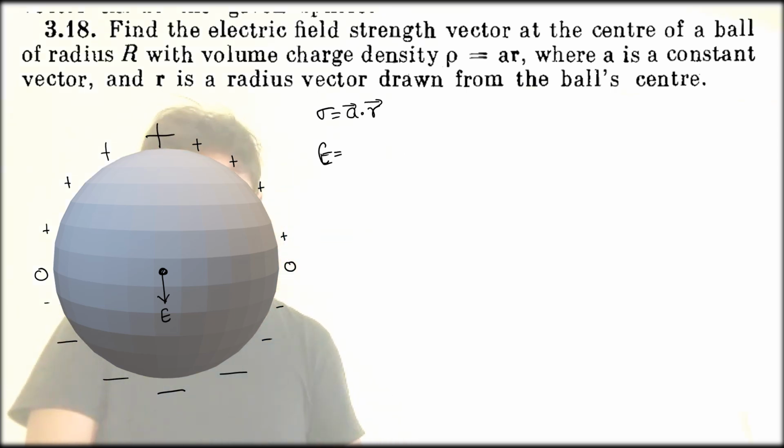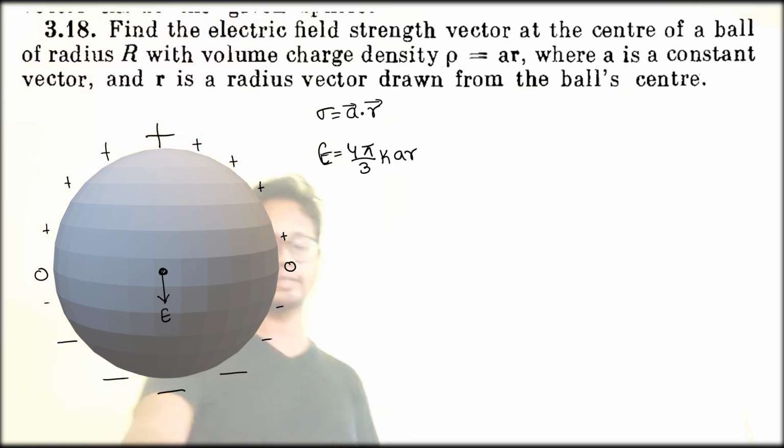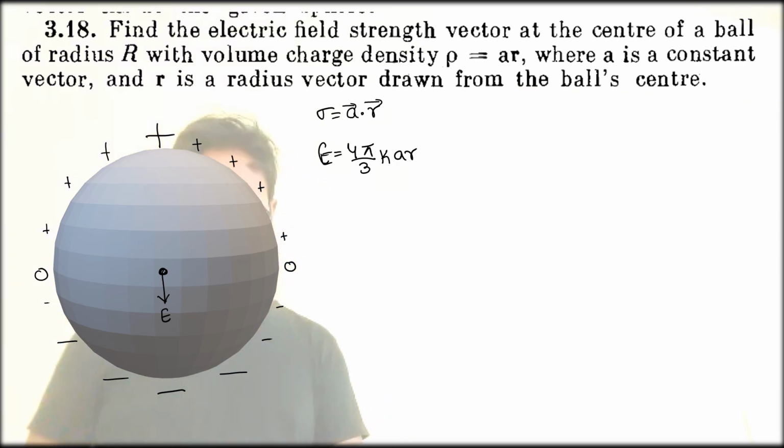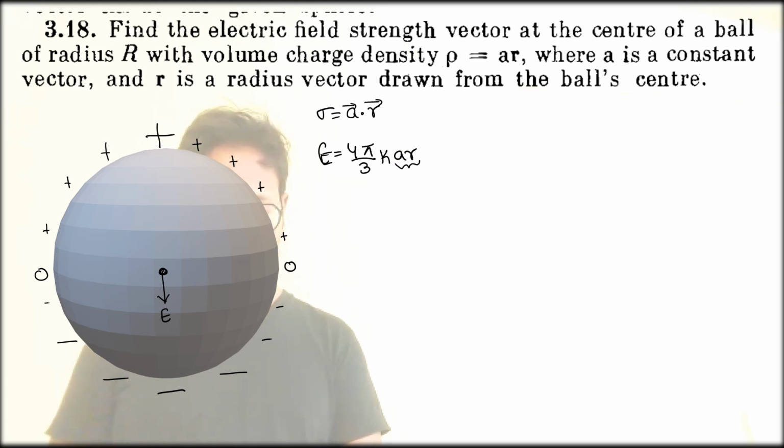And what was the value of AR? The value of AR was nothing but sigma. So this can be written as: the electric field at the center due to a spherical charge distribution is nothing but 4 pi by 3 into K sigma.